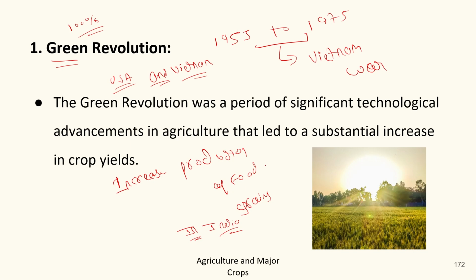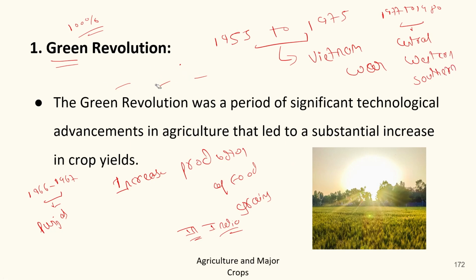It was organized in the first wave, 1966 to 1967, mainly concentrated on the Punjab region. The second time, from 1977 to the 1980s, it comprised mainly the central part, the entire western part, and the southern part.